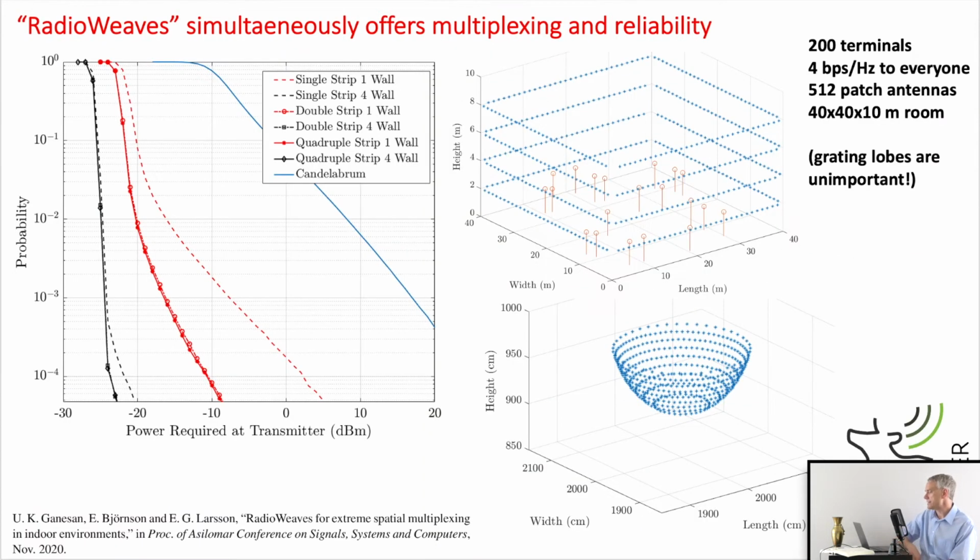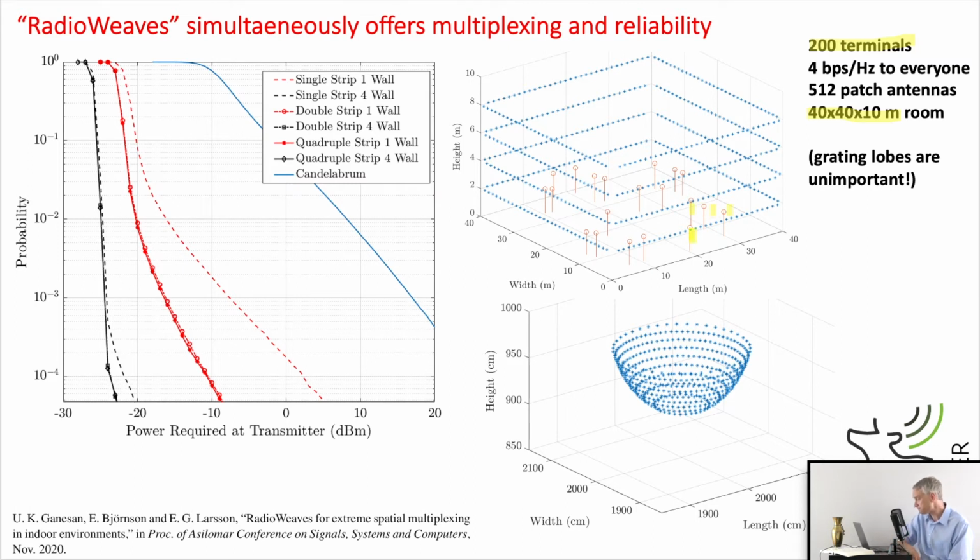And here is an example of what this technology can offer more quantitatively. In this example, we have a room of size 40 by 40 by 10 meters. So we're indoors. We have 200 terminals to serve, and these terminals are spread out in the room, as in the figure here.